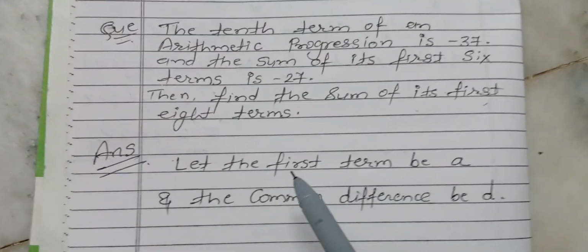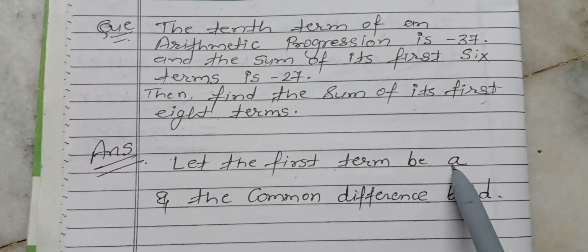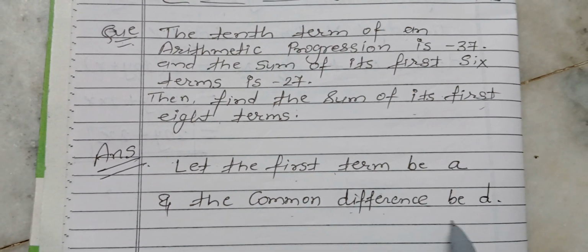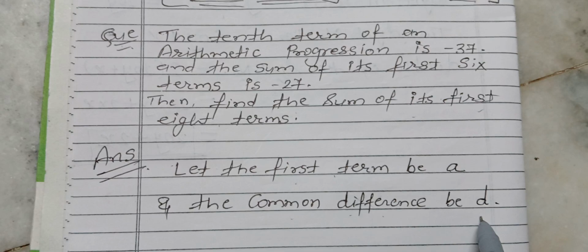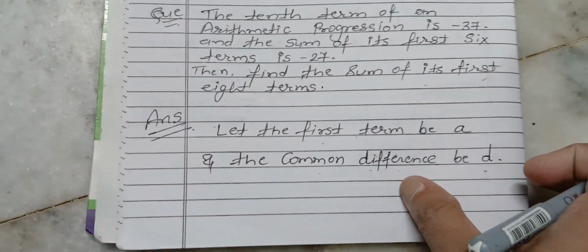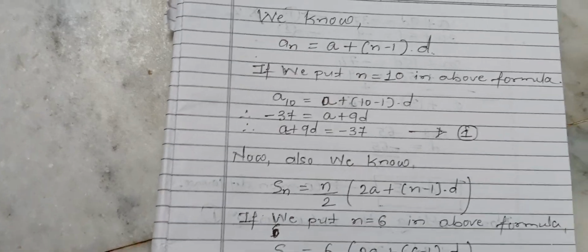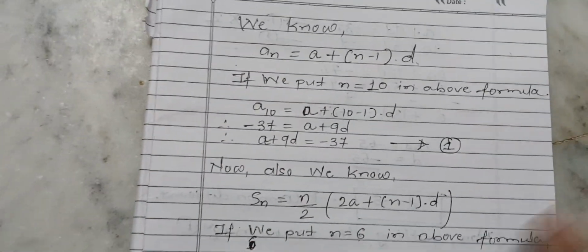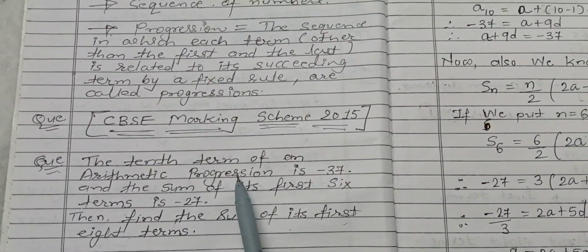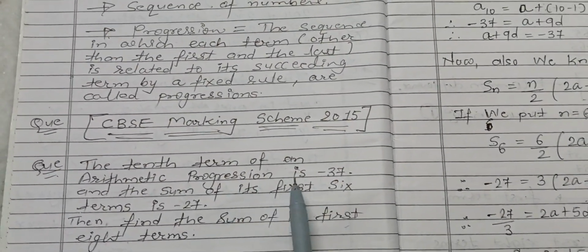We are assuming the first term is A. The common difference of the sequence is D. Now we will keep our eye on the question, so we will not lose our track.